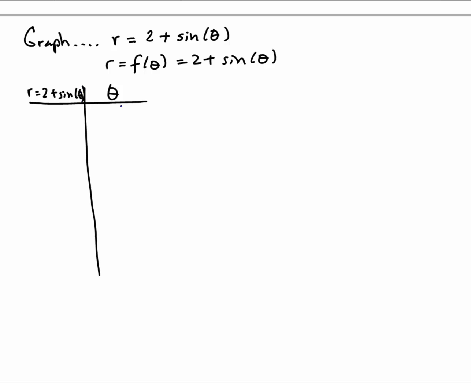Okay, so theta, I'm just going to choose some nice angles. If I take the sine of a multiple of pi over 4, I get square root of 2 over 2, and that's not an easy thing to graph. If I use sine of pi over 3 or a multiple, that's not easy to graph either, because the sine would be square root of 3 over 2. So I'm going to stick with multiples of pi over 2 and pi over 6's.